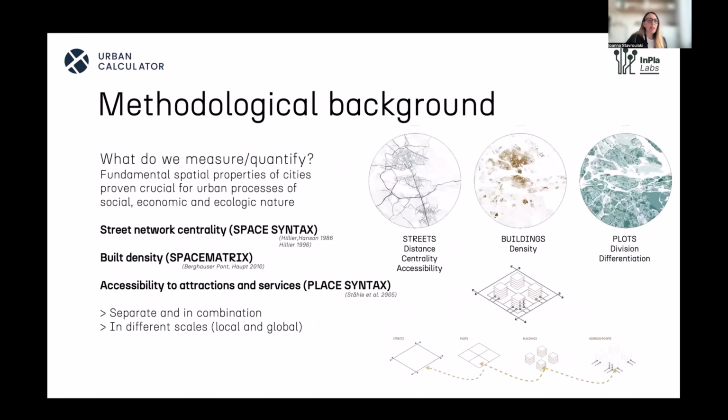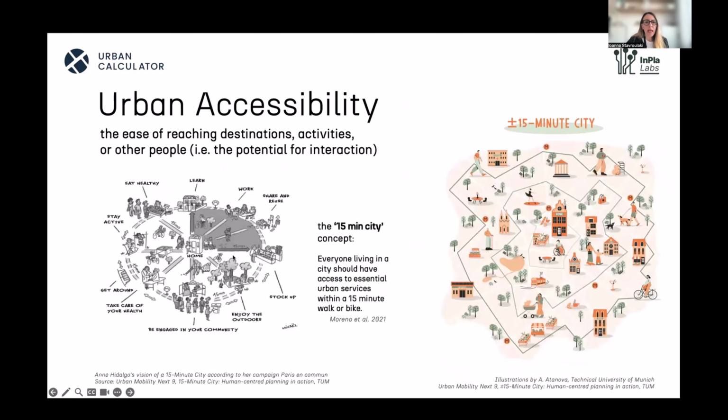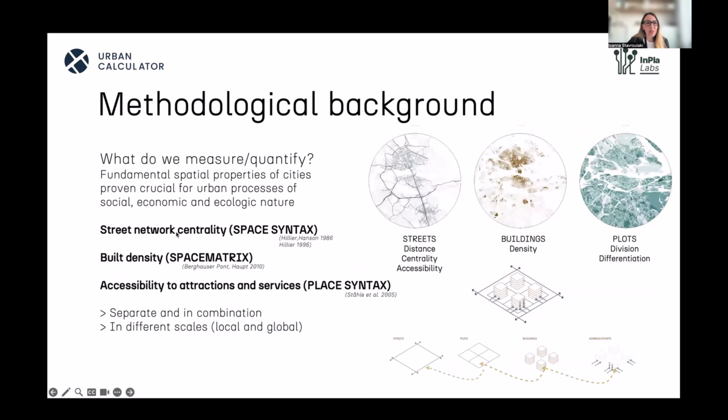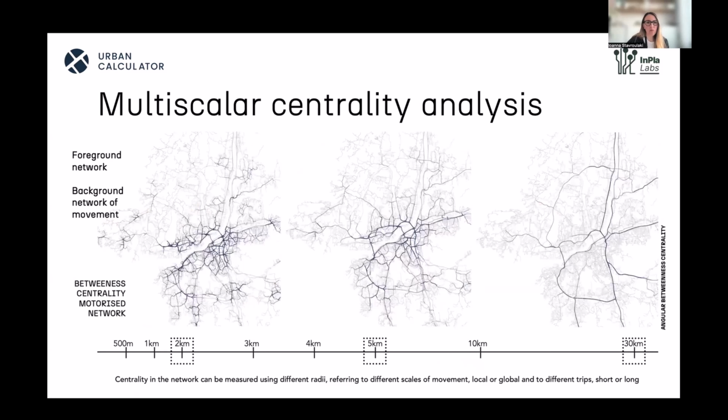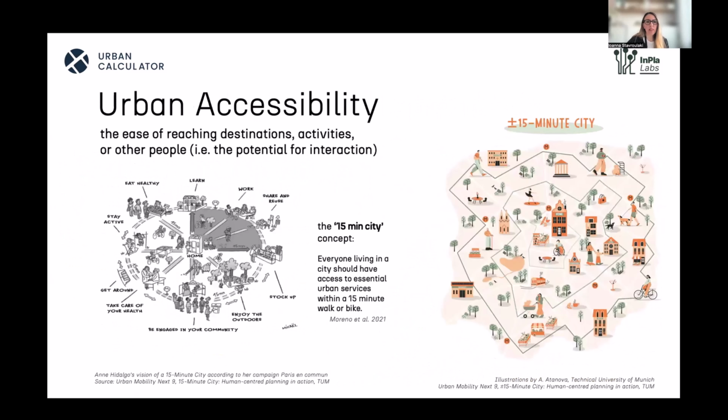I will move to built density to give some principles of the methodological background there. Sorry, I will move to urban accessibility, which is the third one, accessibility to attractions and services, and here we draw from the place syntax methodology. This is in relation to the 15-minute concept.